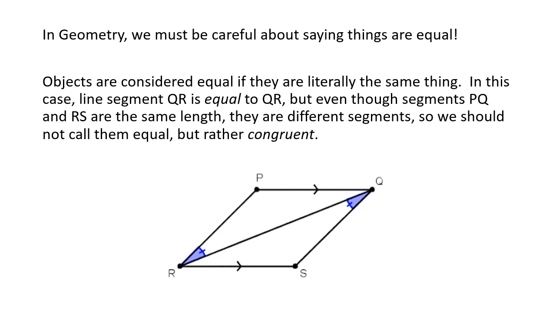So in this diagram, we've got two triangles. We've got triangle PQR, and I'll write this down: this triangle PQR, and I've also got this triangle SRQ.